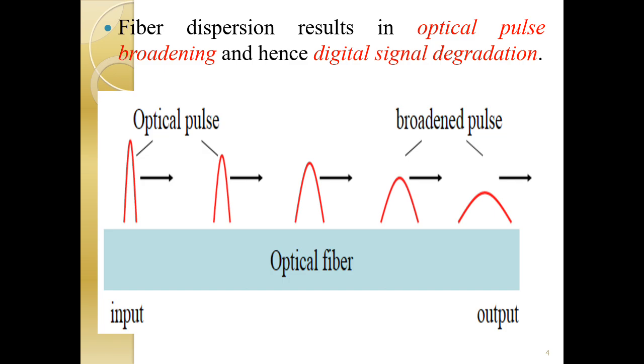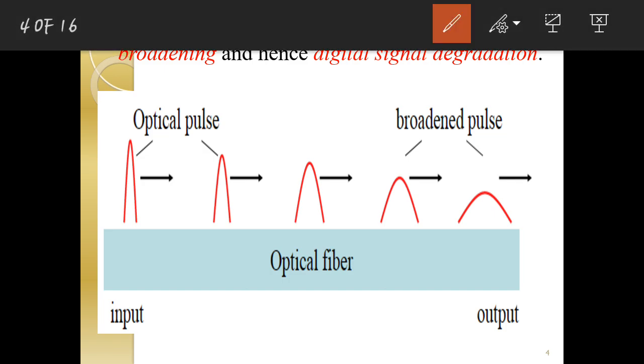Now this pictorial representation shows how the dispersion loss occurs in a fiber. This is your input side. You are sending a pulse of a smaller pulse width, or spectral width as we call it.